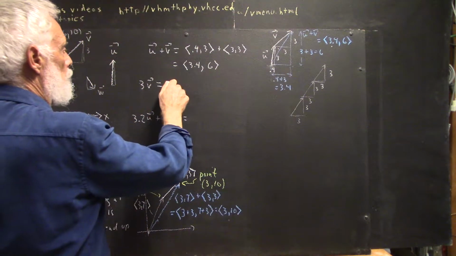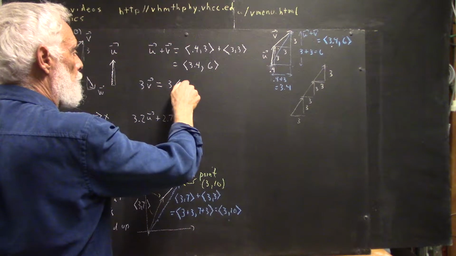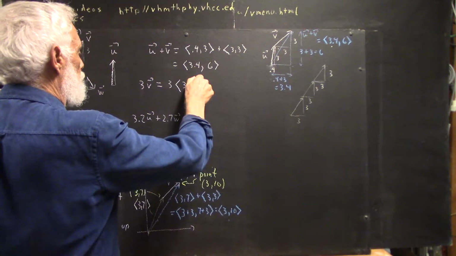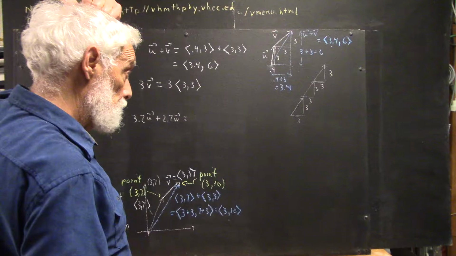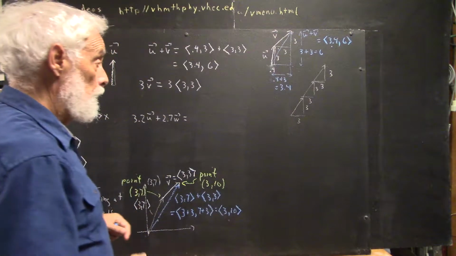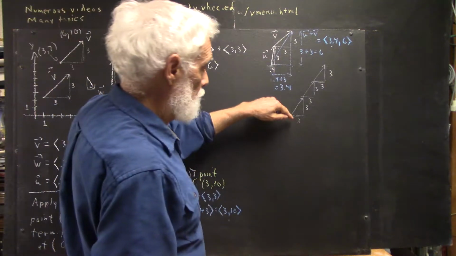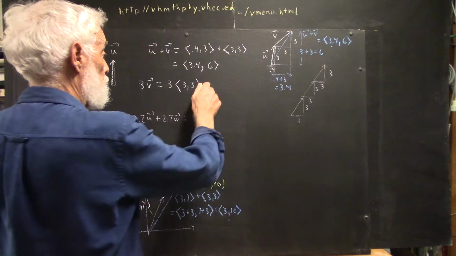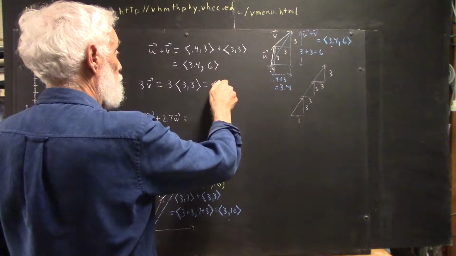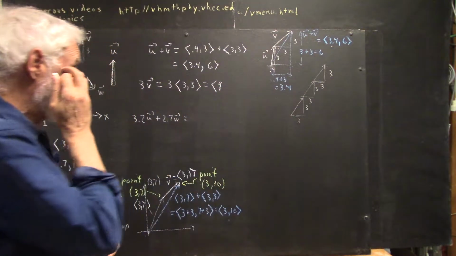So, well, okay, that's 3 times the vector 3, 3. I would pick 3 here. Should have picked a different number. There are too many 3's, but you still get the idea. Okay, and of course that means I go 3 units, 3 units, and 3 units, 3 units, 3 times. That's going to be 9 units. That's what this represents.